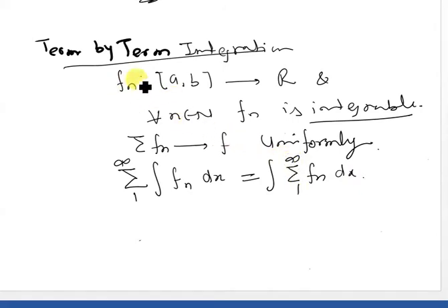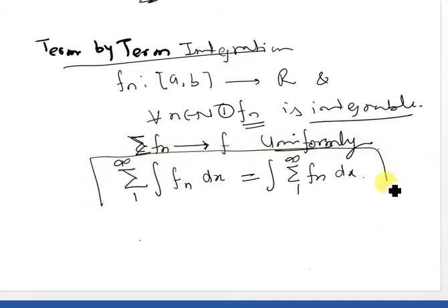Only when it satisfies the two conditions, one is each function fn is integrable, and the second is this series of functions converges to f uniformly. Only then we can interchange the sign of integration with the summation.